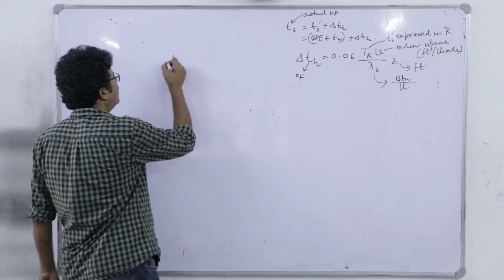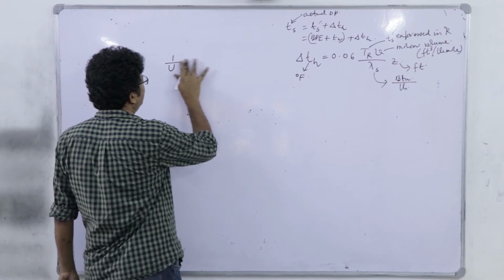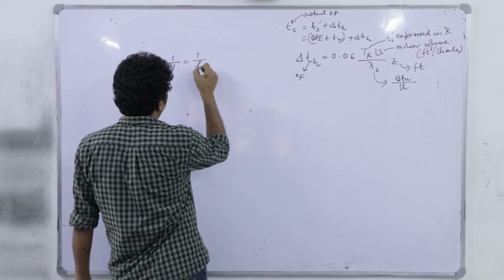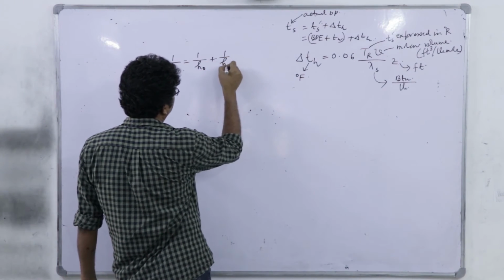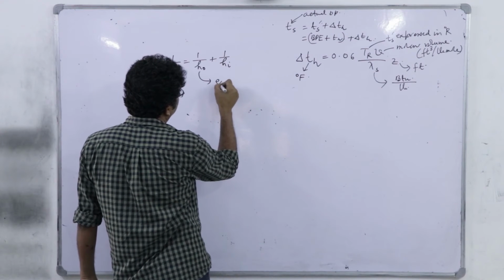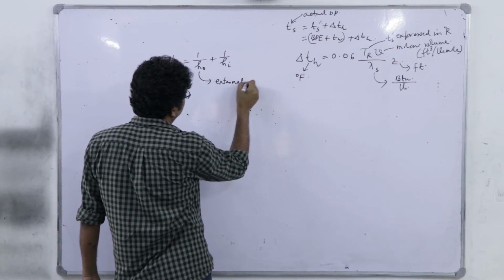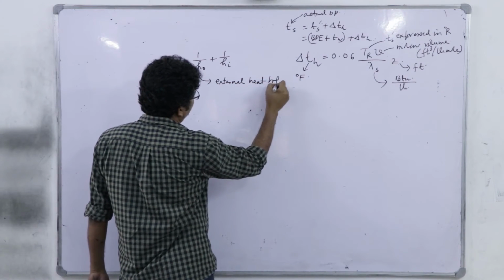Actually, if I write that overall heat transfer coefficient, neglecting the metal wall resistance, equals HO plus 1 by HI. So HO is the external heat transfer coefficient.